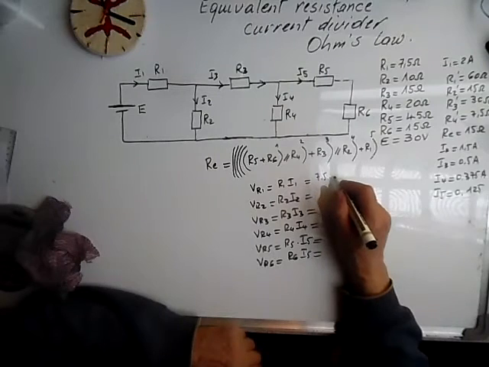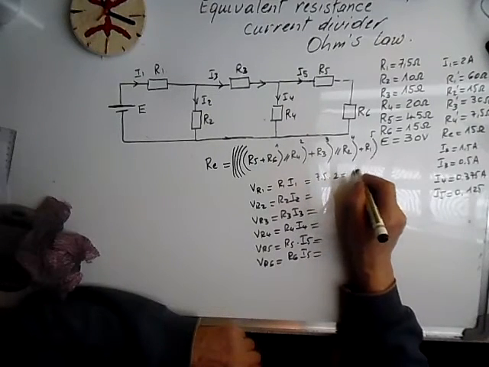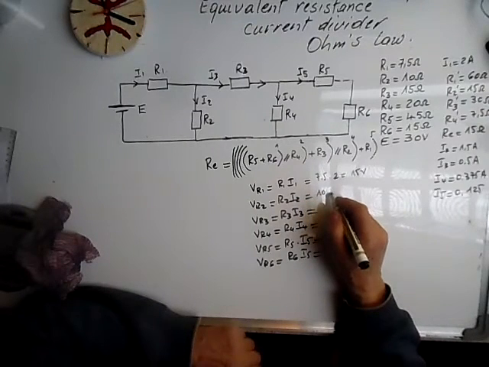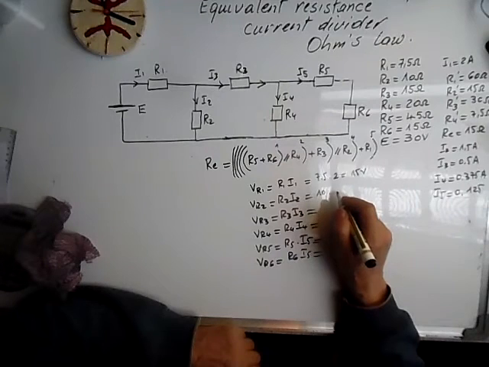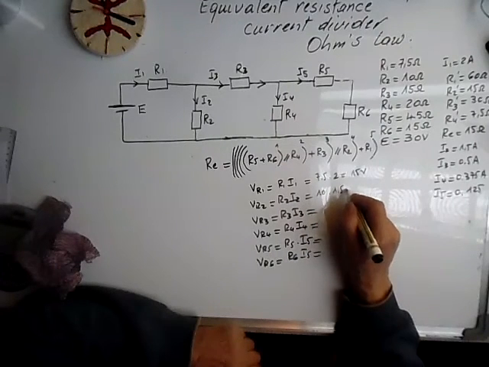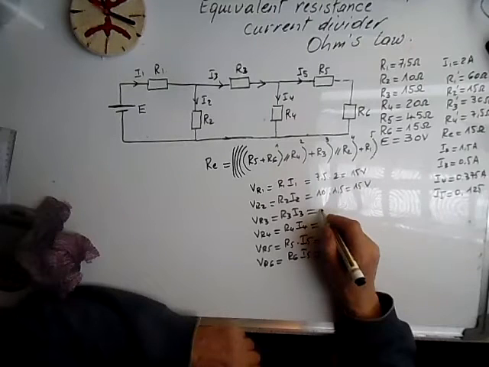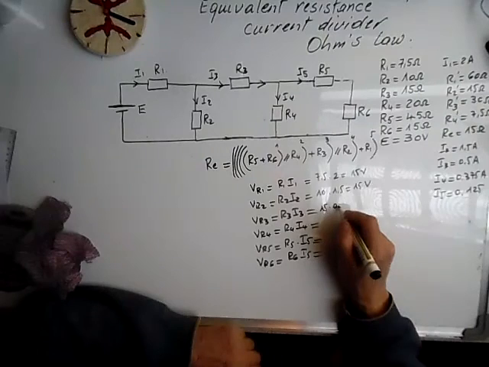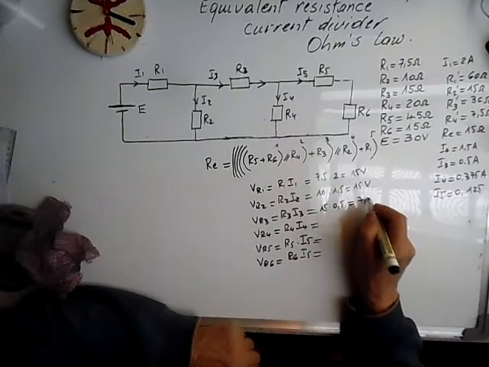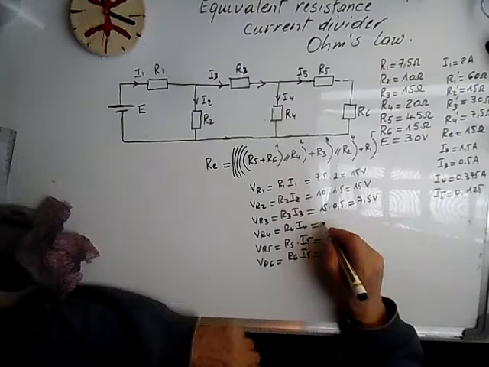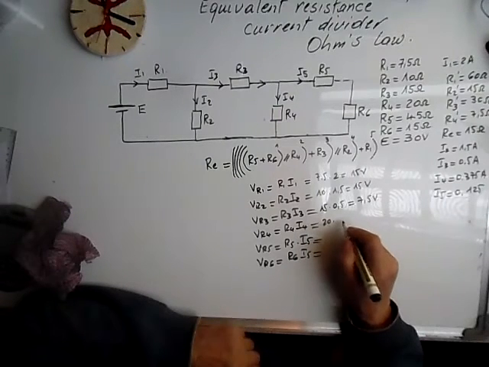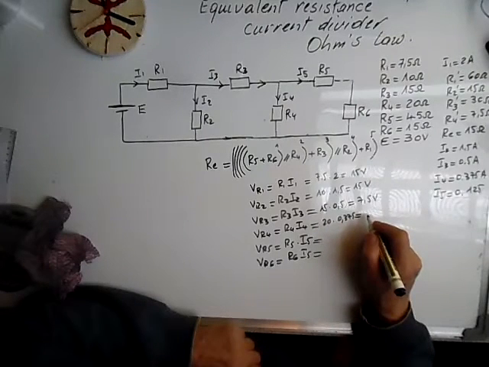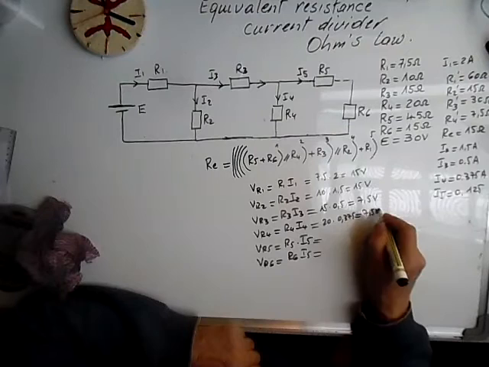R1 is 7.5 times 2, this is 15 volts. R2 is equal to 10 times I2, which is 1.5, it's 15 volts. R3 is equal to 15 times 0.5, so that gives us 7.5 volts. R4 is equal to 20 times I4, 0.375, and is equal to 7.5 volts.